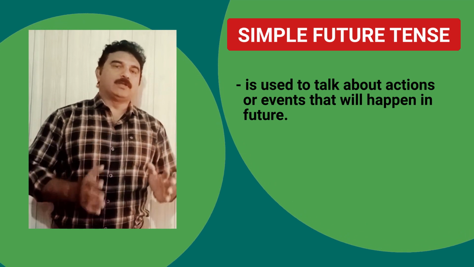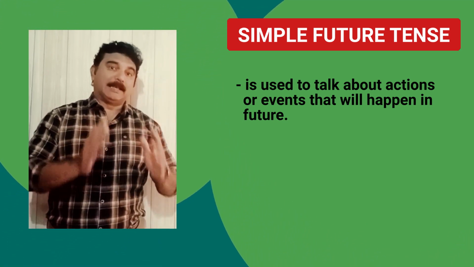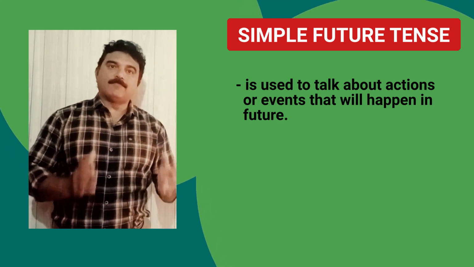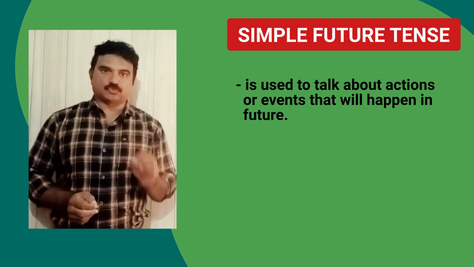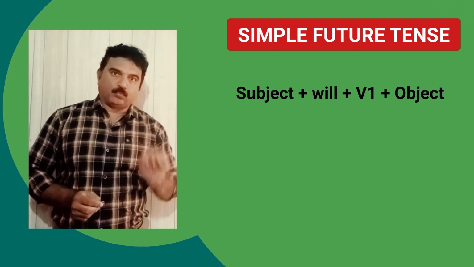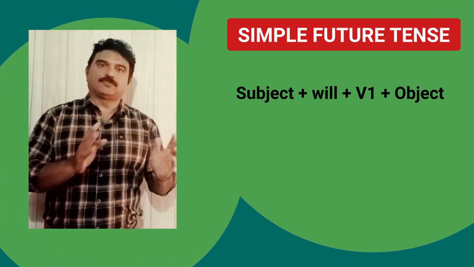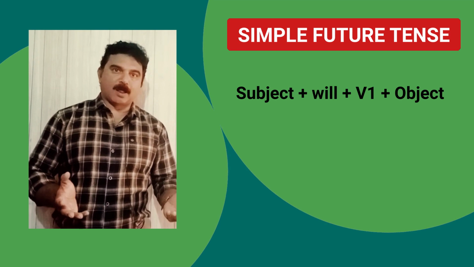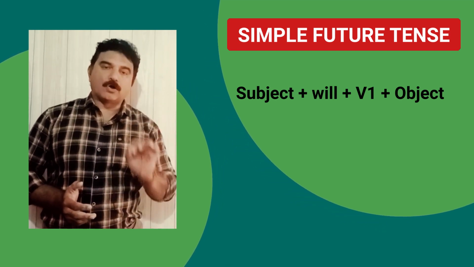Okay, so I will give you a structure of simple future tense. If you learn this structure, we will never make mistakes while talking in simple future tense. And the structure is subject plus will plus V1 plus object. The subject, as you know, can be a noun or pronoun, and will is the auxiliary verb.